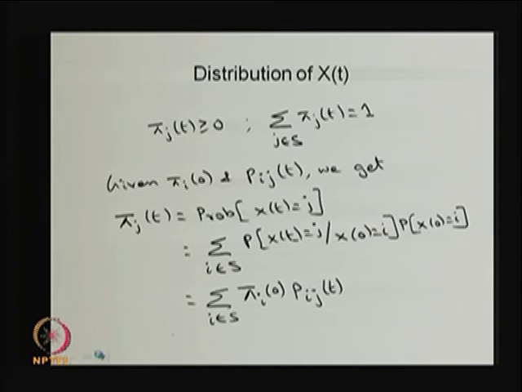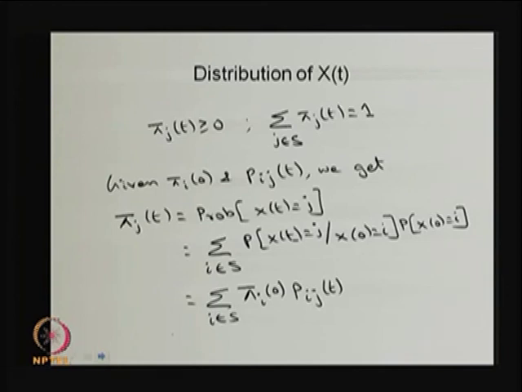It has the probability mass function pi j of t, and if you make a summation over S, where S is the state space, that summation is going to be 1. If I know the initial state probability vector with the entities pi i of 0, as well as the transition probability of the system moving from the state i to j from 0 to small t, I am able to find out the probability mass function of the system being in the state j at time t.